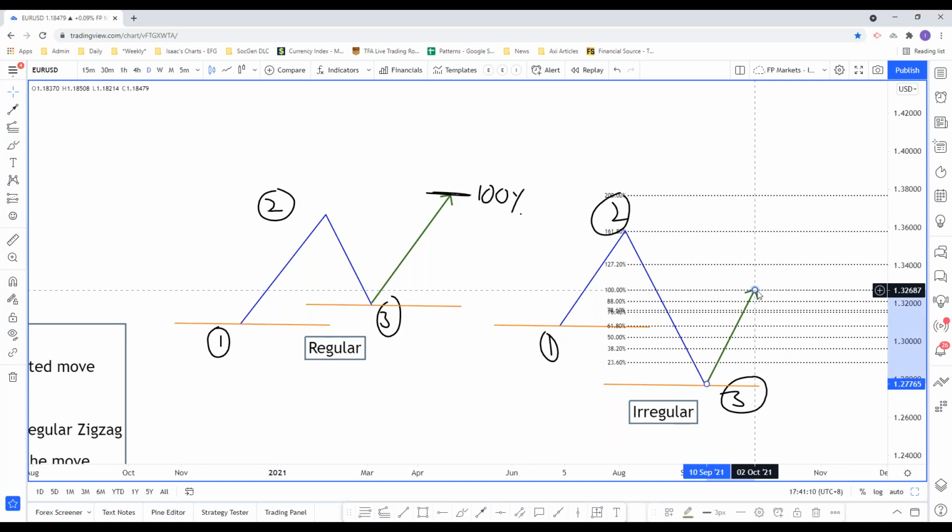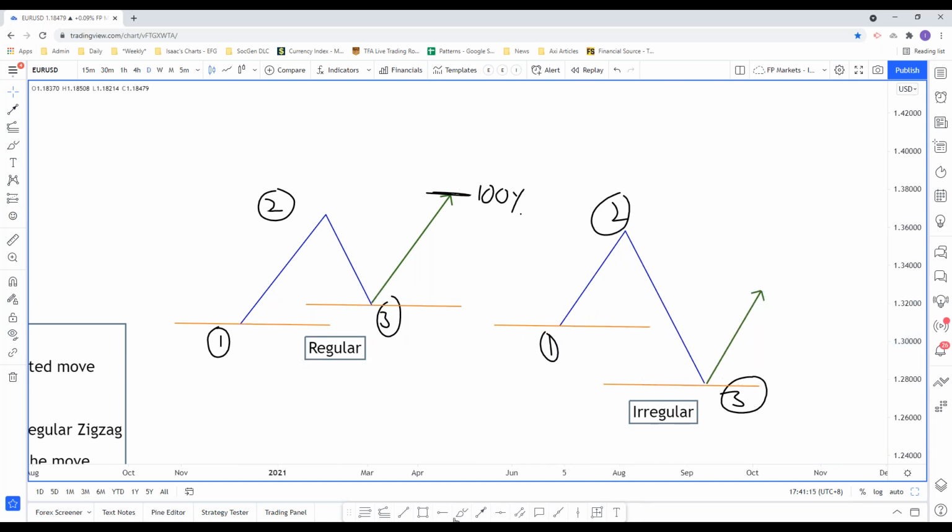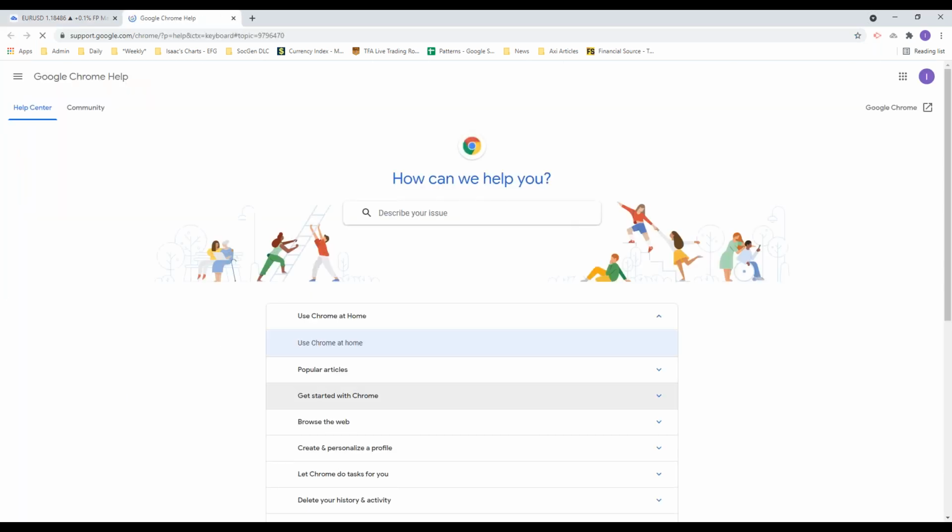But ideally, this 100% level is still a key level. The important thing to understand for Fibonacci expansion and projection is that you need to identify the two kinds of zigzags we have in the market, whether it's regular or irregular.